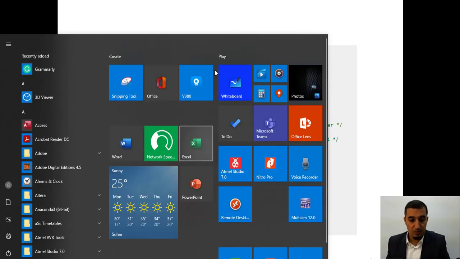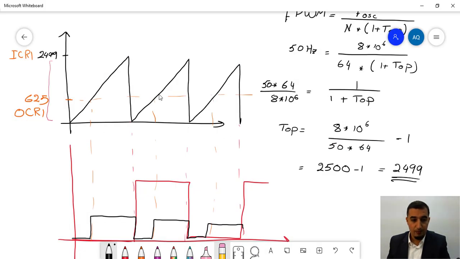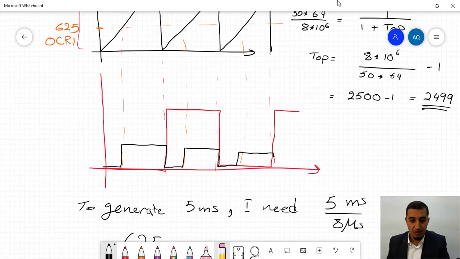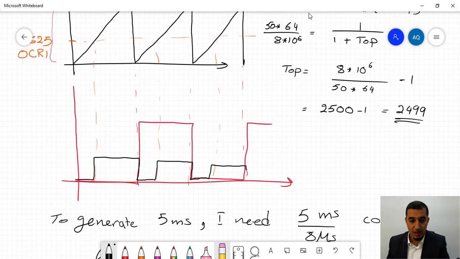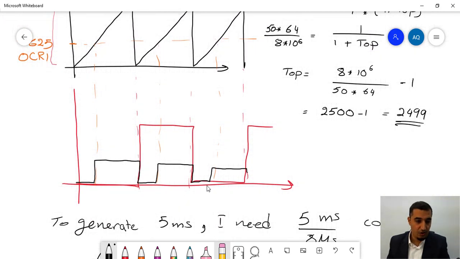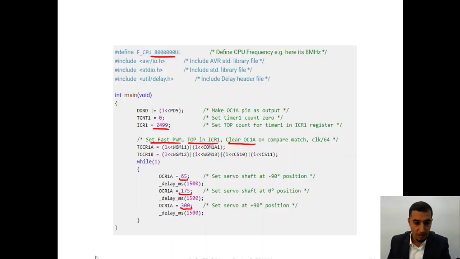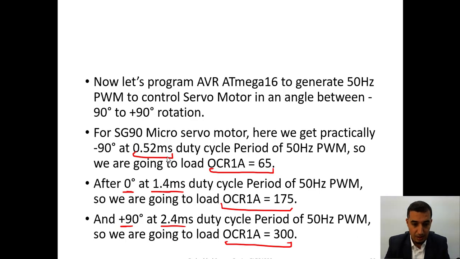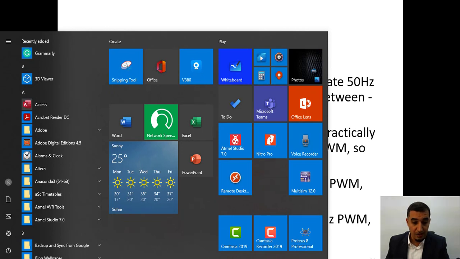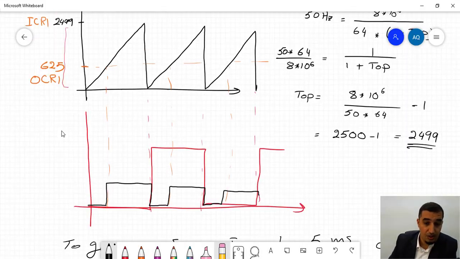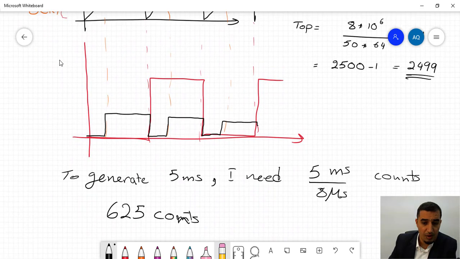Okay, so once more over here, I will go through it once more. You do the calculations based on the values that you have. Here you see I put 5 milliseconds, but in the example we wanted 0.5 milliseconds, and 1.4, and 2.4. So depending on the question, you will change the values of the OCR, which is quite straightforward.